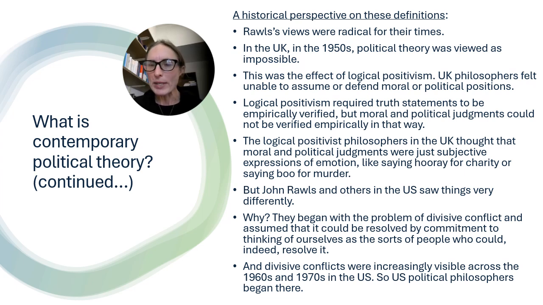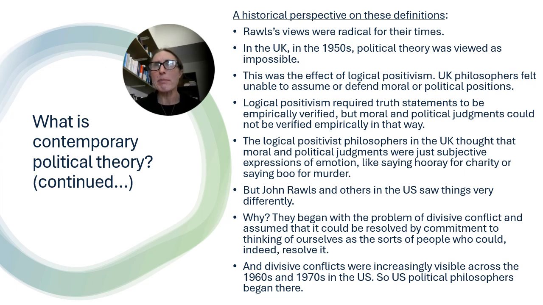This is because in the UK in the 1950s, political philosophy was viewed basically as impossible. This was the effect of logical positivism, which was the main philosophical framework at that time.